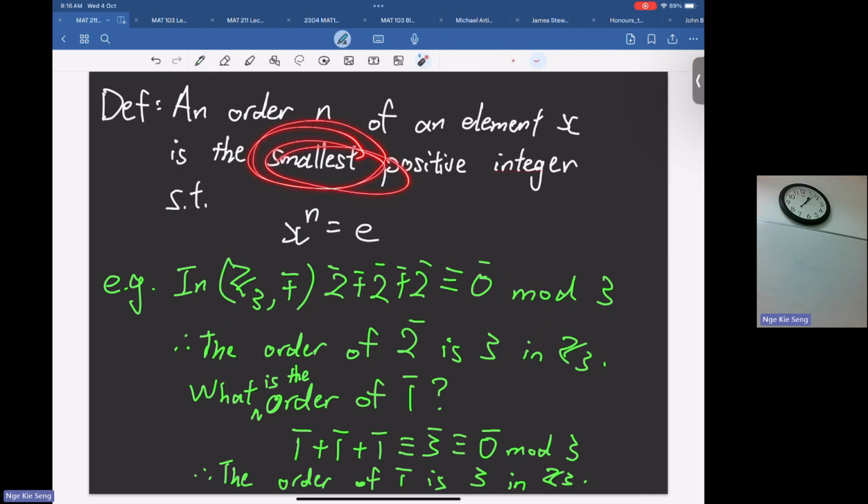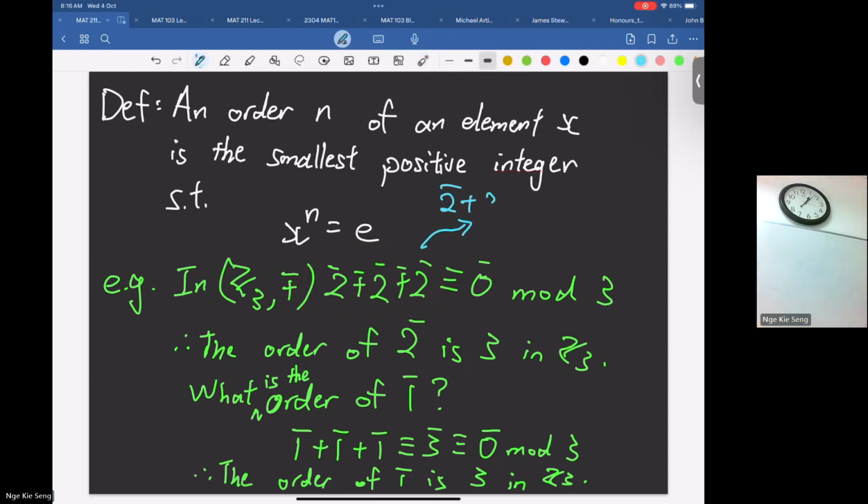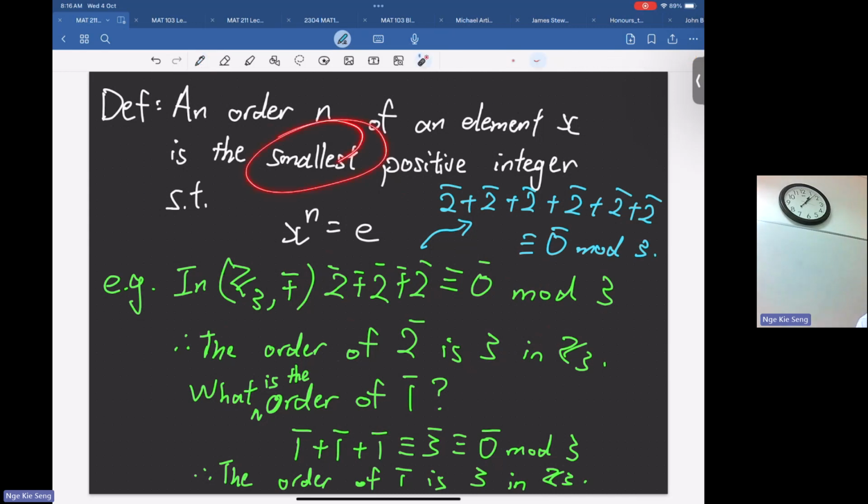You can observe that if I do it in a multiple of 3, in a multiple of your order, you still get to 0. But we won't say the order is 6, because we want to take the smallest one.